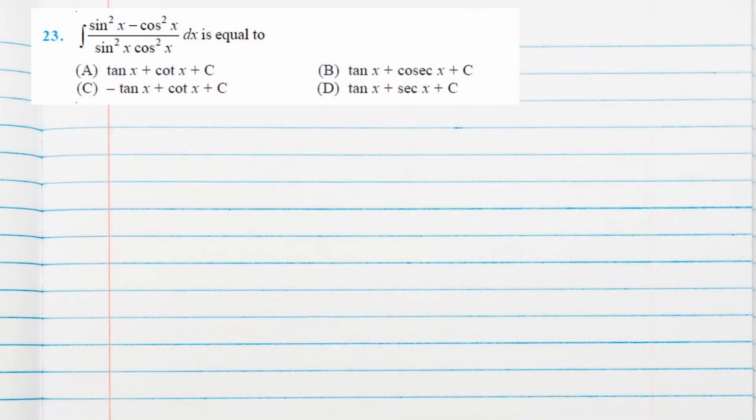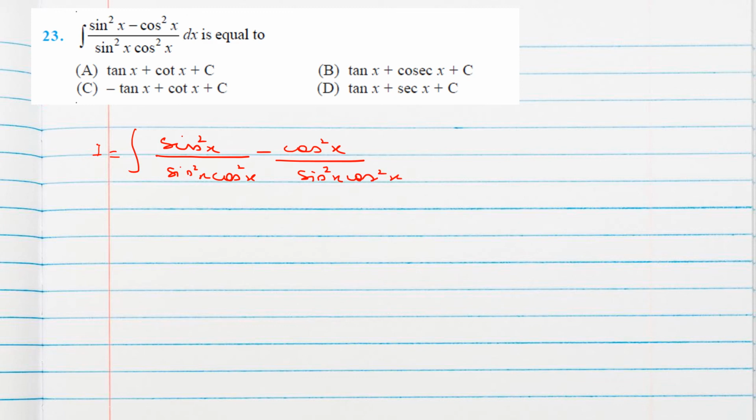Question 23. Sine square x minus cos square x by sine square x cos square x. So we can separate the denominator first here, sine square x by sine square x cos square x, okay, minus cos square x divided by sine square cos square. So see, sine square completely will go, cos square will go completely.